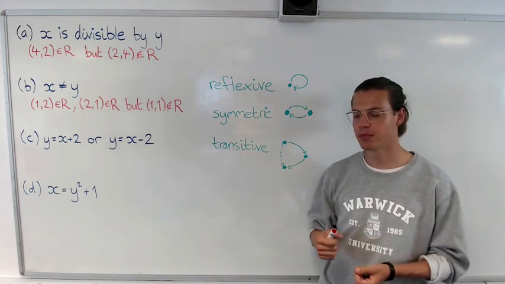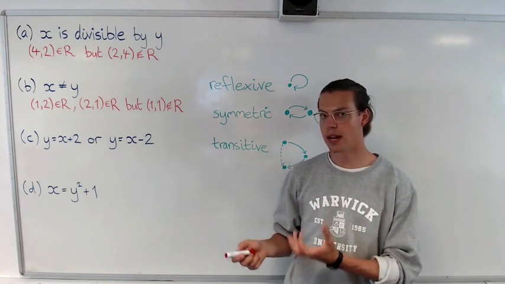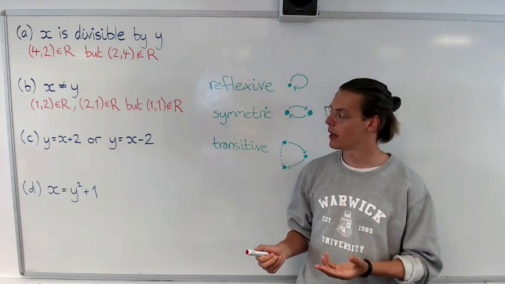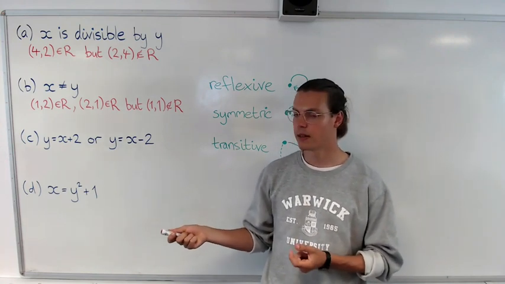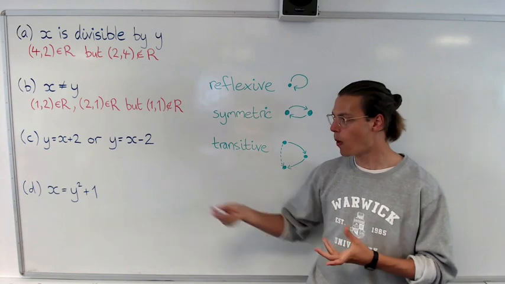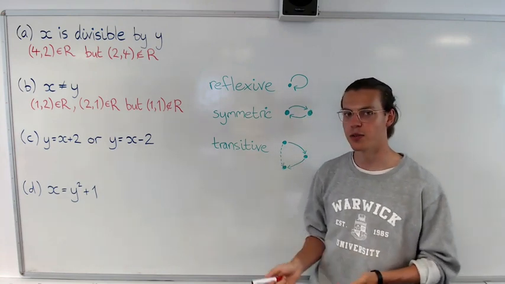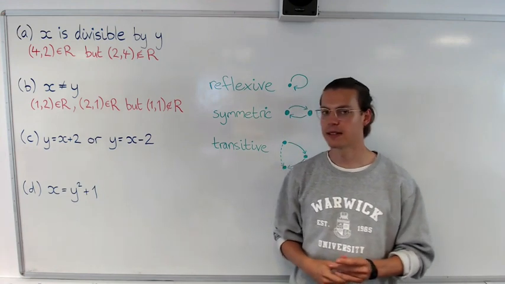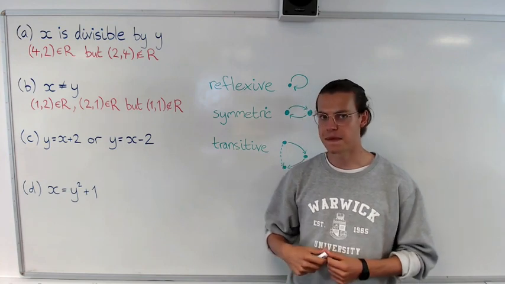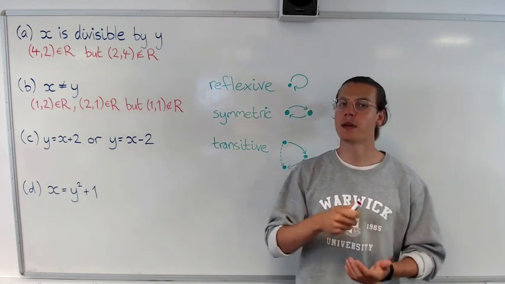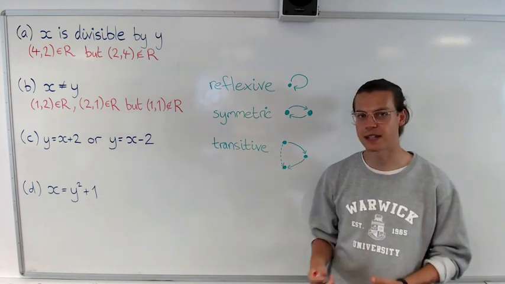If y is 2 more than x, then x is 2 less than y, which tells us that y is related to x. The other case, when y is 2 less than x, well, in this case, x is 2 more than y, which again tells us that y is related to x. So either way, if x is related to y, then y is related to x. So yes, this is a symmetric relation.